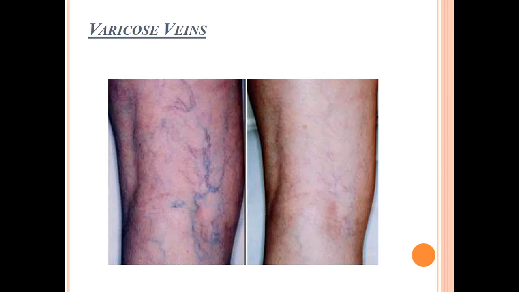In this picture, taken from the same patient, this is the leg of the patient, and this is the same leg, but this time the picture is taken 2 hours following standing. As you can see, the major difference between both pictures is the presence of those tortuous and dilated bluish vessels under the skin, and these are the varicose veins.